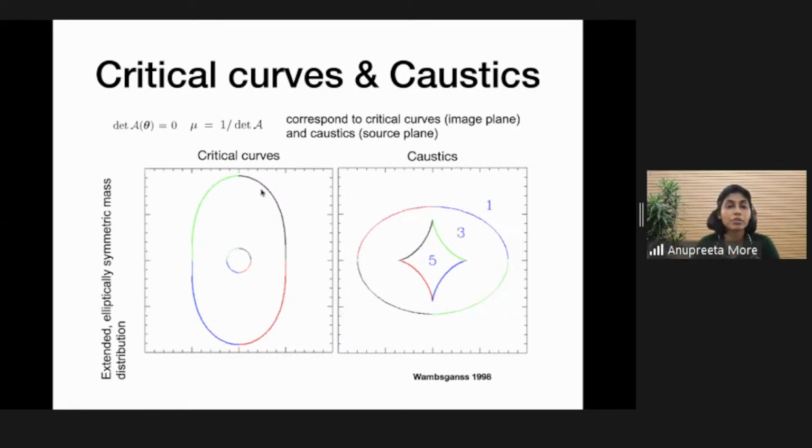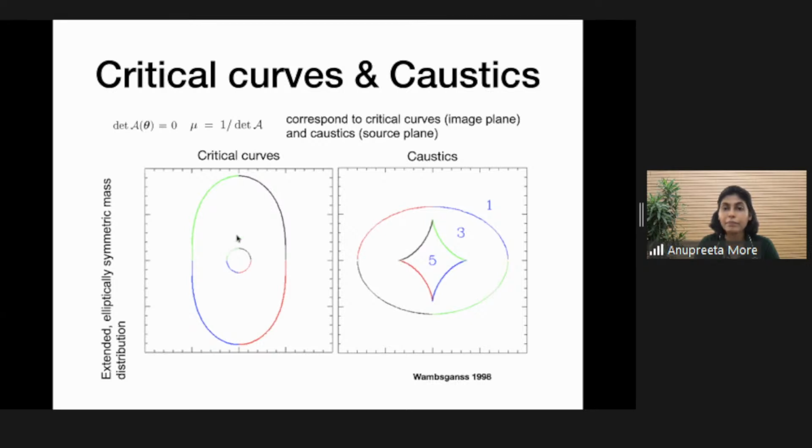Yeah. So what I was saying is that if you look at the magnification matrix or the Jacobian matrix, which allows us to determine the magnification at each and every point in the image plane or the lens plane, then the locations where the determinant of this matrix goes to 0 are called the critical curves, which are shown here with these colored contours.